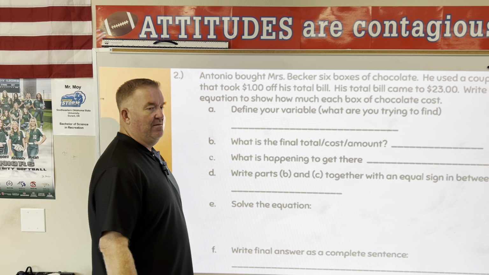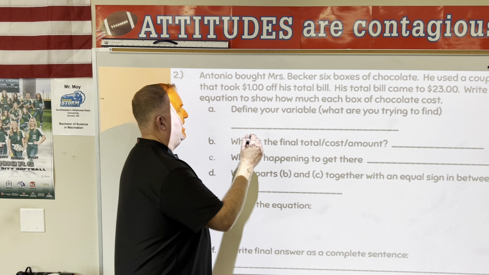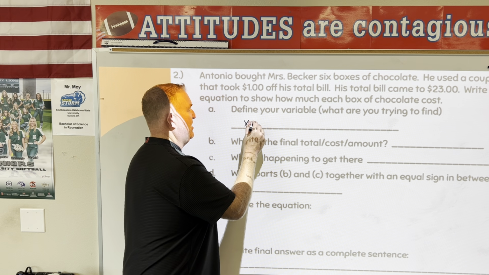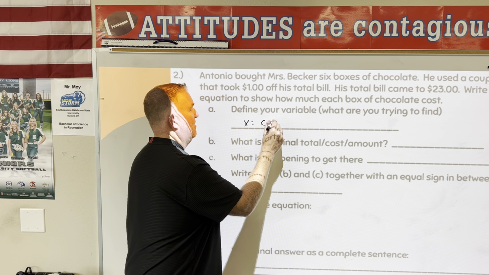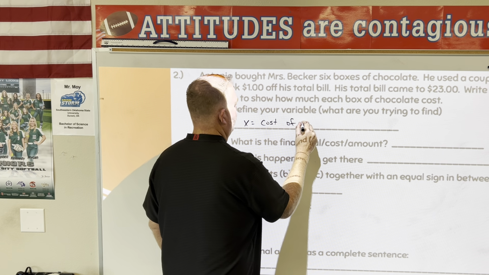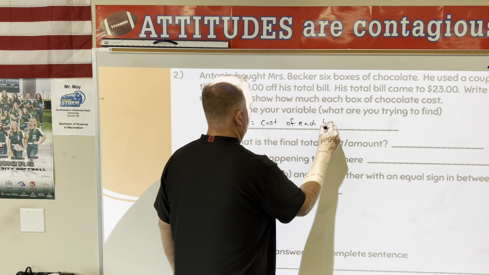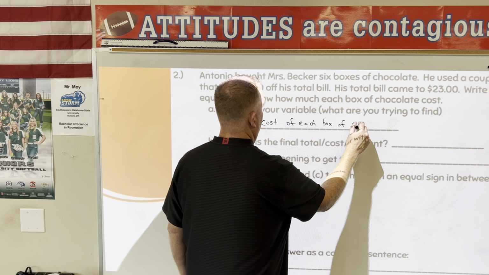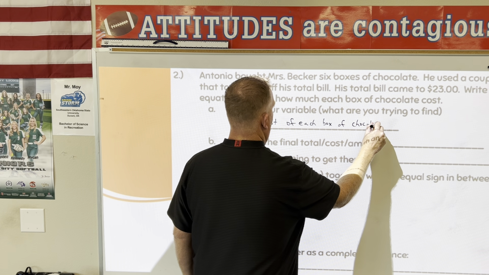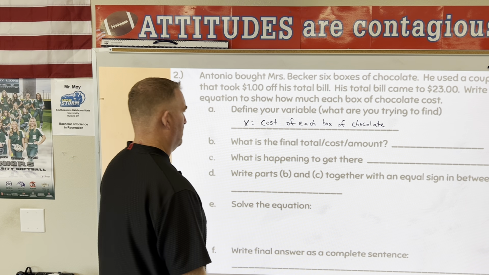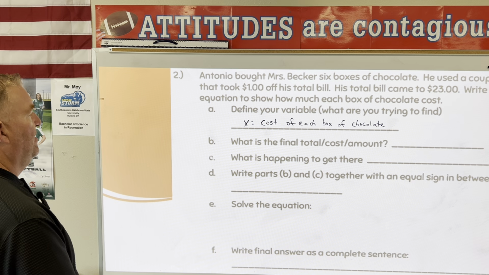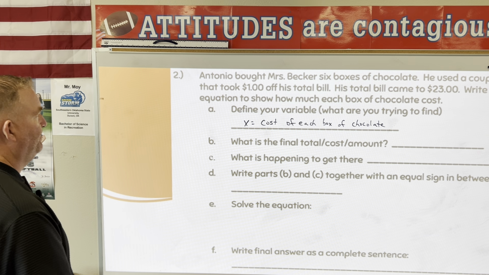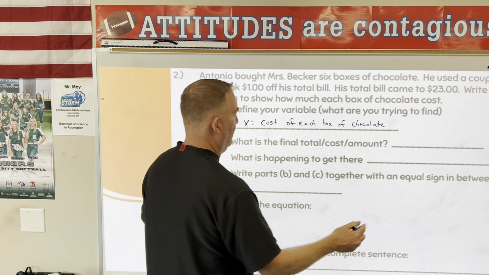What are you trying to find? How much each box of chocolate. So X equals the cost of each box of chocolate. What's his total bill? $23.